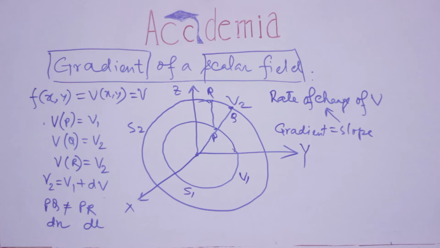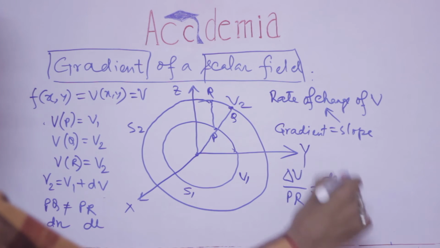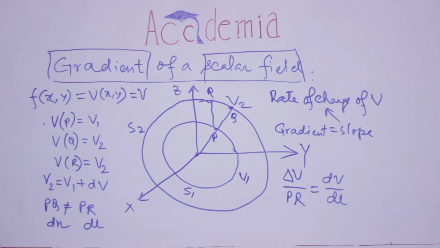Now, to measure the rate of change of V in PR direction, we shall use change in the function by PR. So change in the function can be written as del V. So del V by PR is equal to dV by dl, since PR is dl.